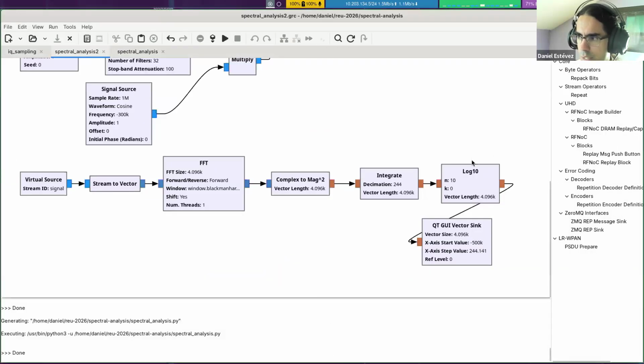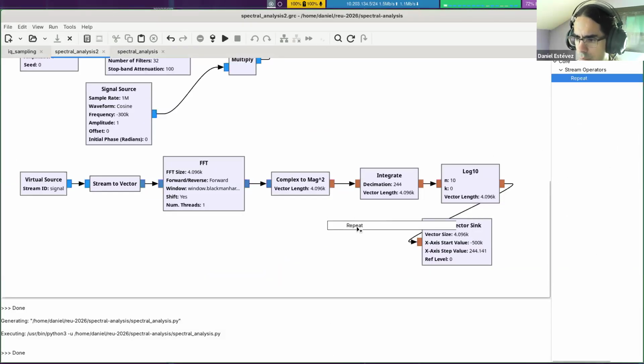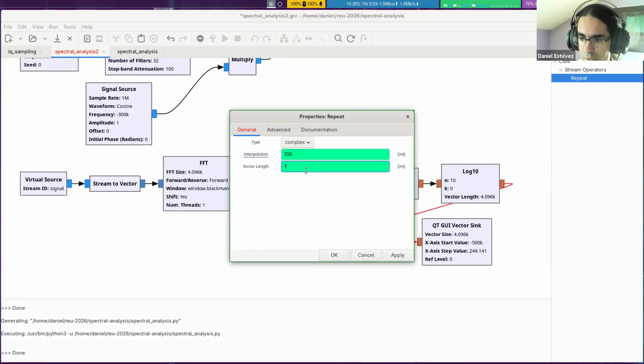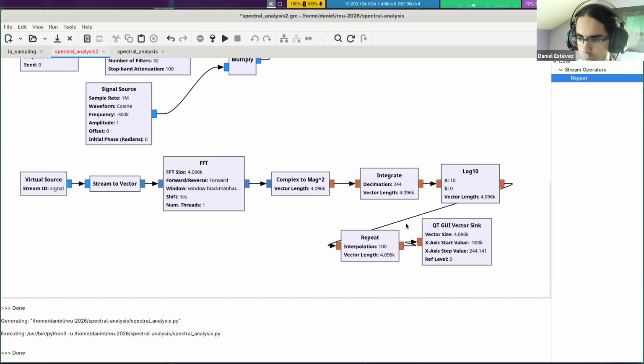So the trick, a very simple but not obvious trick, is to use this repeat block, which does what its name says. It repeats every input as many times as we say, and I'm going to repeat every vector 100 times. The vector size needs to be NF50 and the type needs to be float.